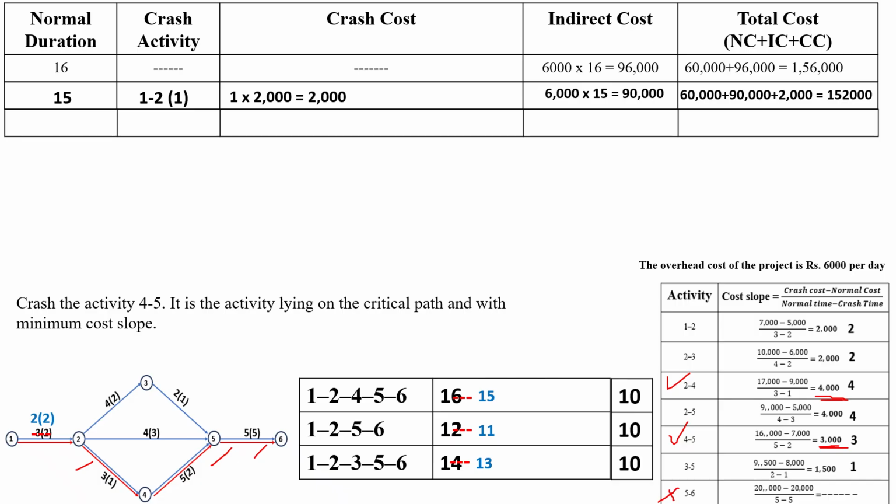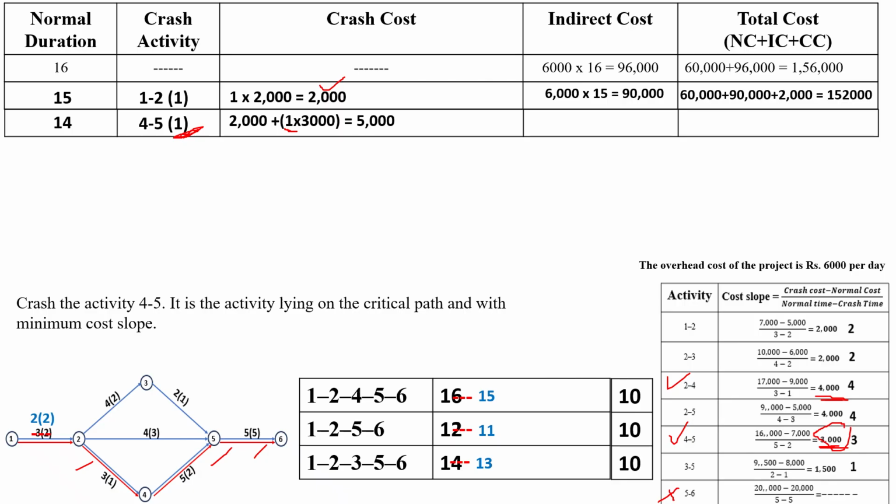Then the duration will be reduced from 15 to 14 days. So crashing activity 4 to 5 by 1 day, the crash cost will become the previous crashing cost, 2000, plus 1 day into the cost slope of activity 4 to 5, that is 3000.